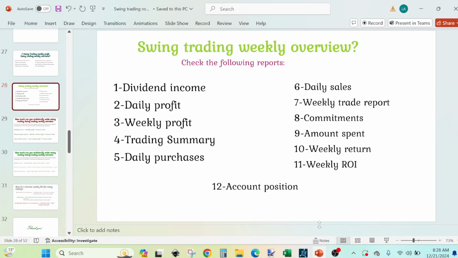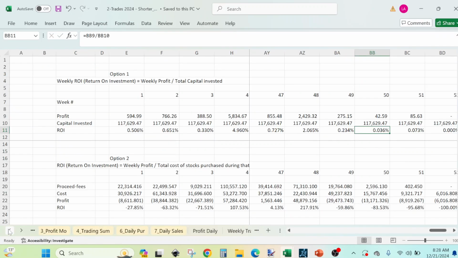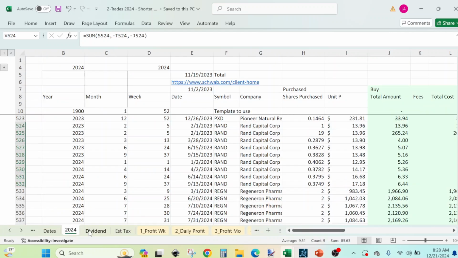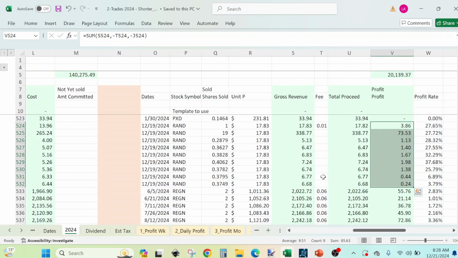For the weekly report that we can pull using our swing trading spreadsheet, we manually make entries by preference on a daily basis of our swing trade purchases and sales, to be able to pull reports from, and by tracking our dividend as well.